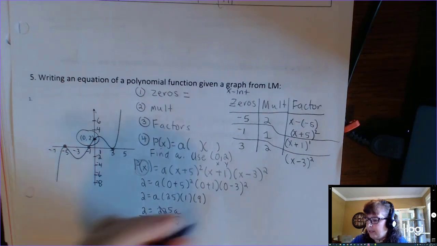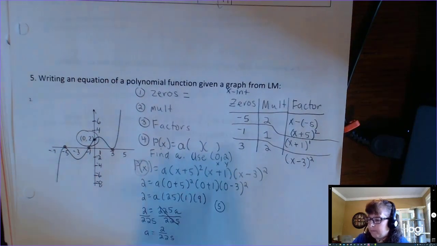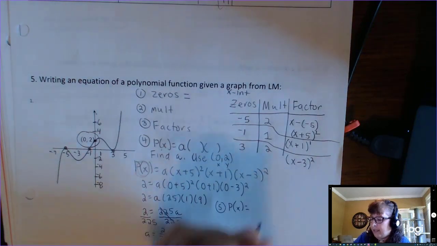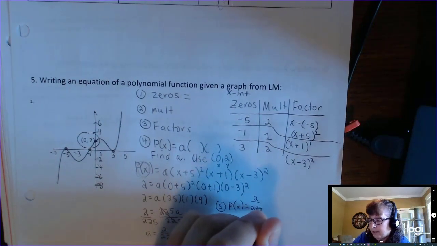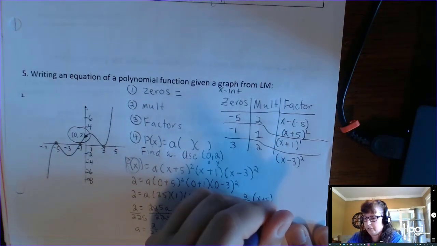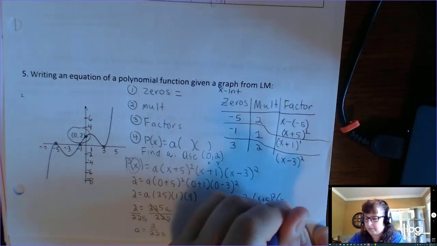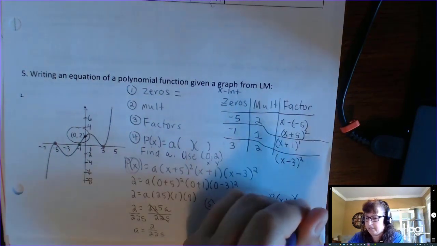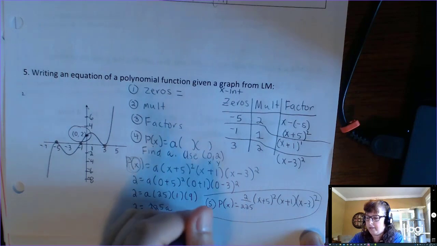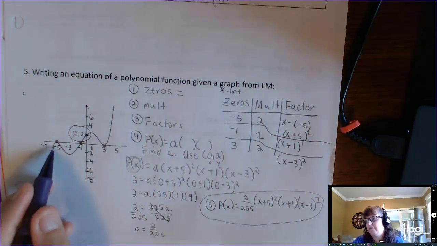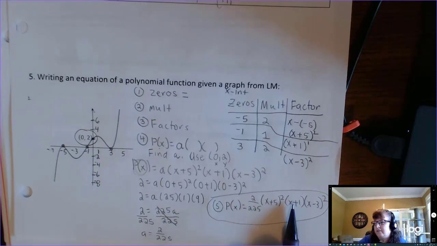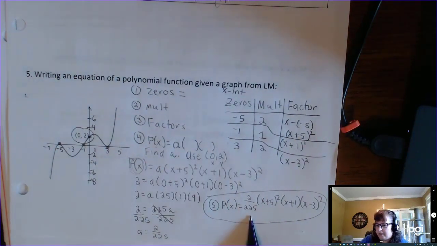So we found a, and the last step is to make sure you finish it all the way out, demonstrating that a is 2 over 225 and my factors are (x plus 5) squared times (x plus 1) times (x minus 3) squared. There are an infinite amount of polynomials that have these same zeros with these multiplicities, but only one that has these zeros and that a value.